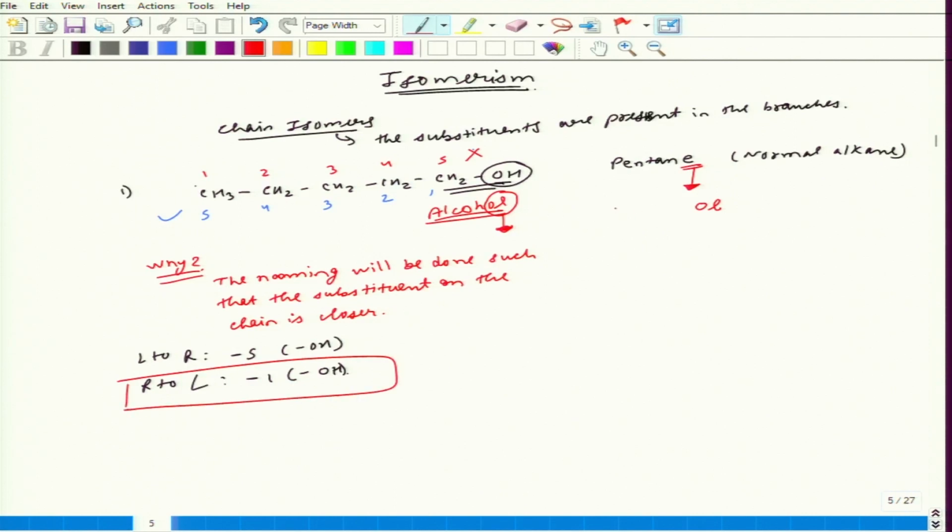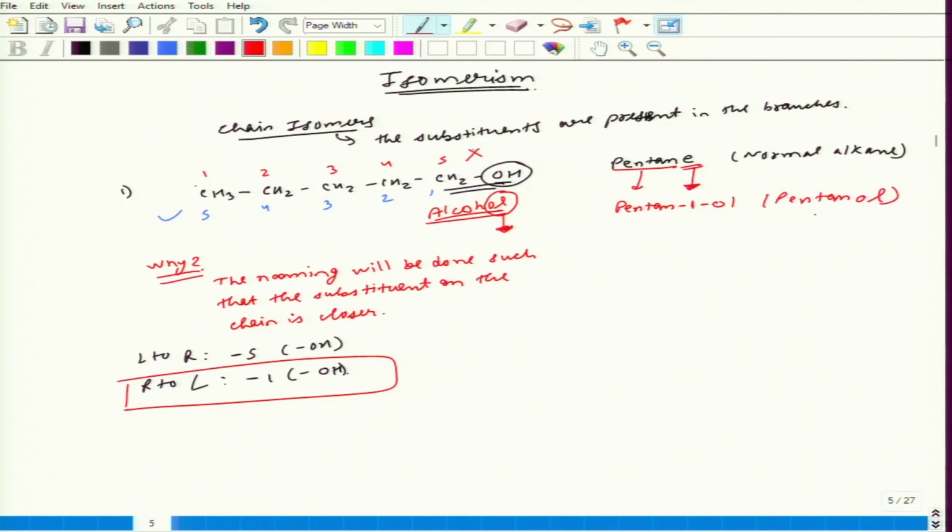So, how do we name this? The parent name remains as it is, pentane. The functional group is on position 1, so we write pentan-1-ol. You can also write it as pentanol.